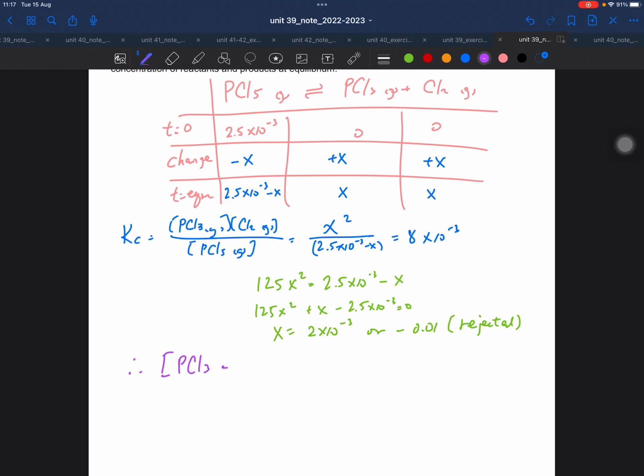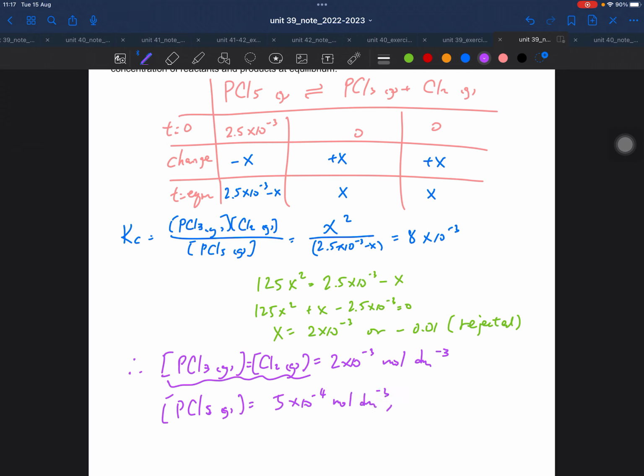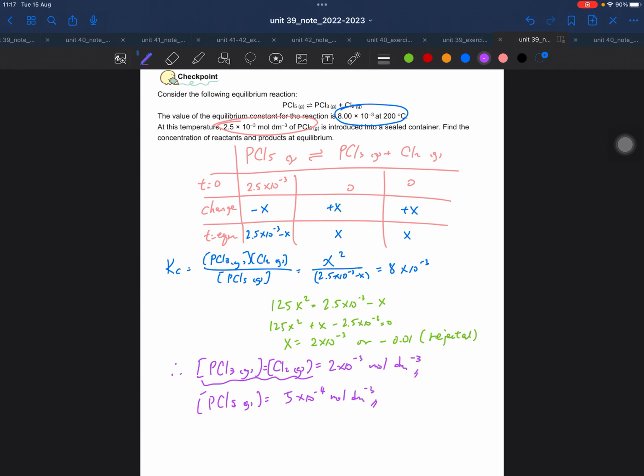The PCl3 concentration equals the Cl2 concentration equals 2 mole per dm cube. Yes, in the exam you are allowed to use this expression to save your time. While the PCl5, and here we have done our job. Not so difficult again, right? Quadratic equation only.